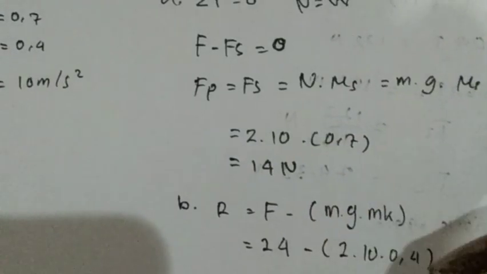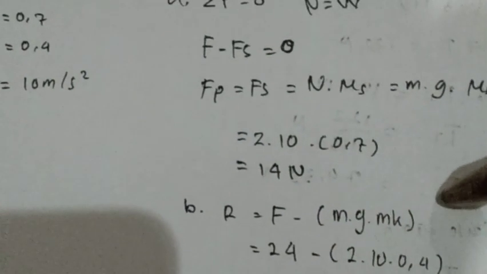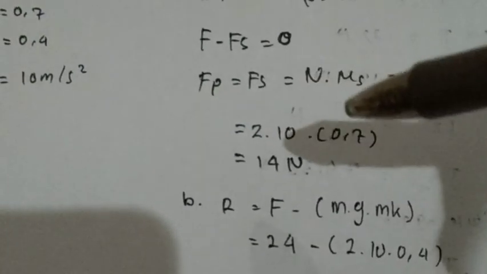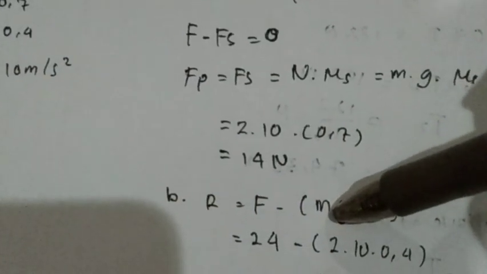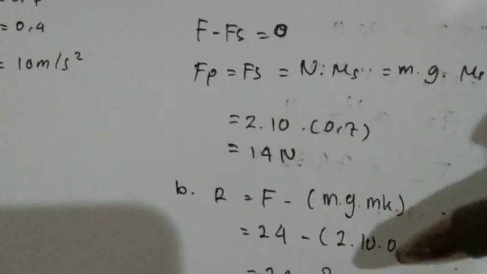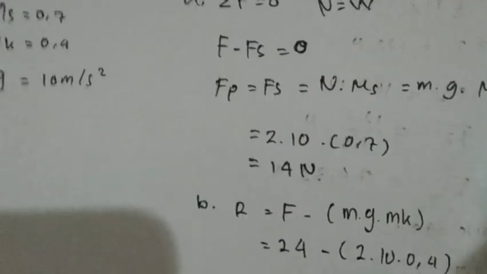Then R equals F minus M times G times mu k, 24 minus 2 times 10 times 0.4 equals 24 minus 8 equals 16 newtons.